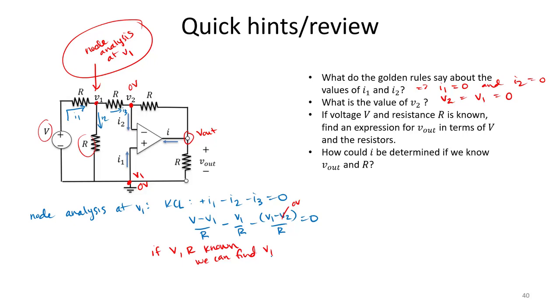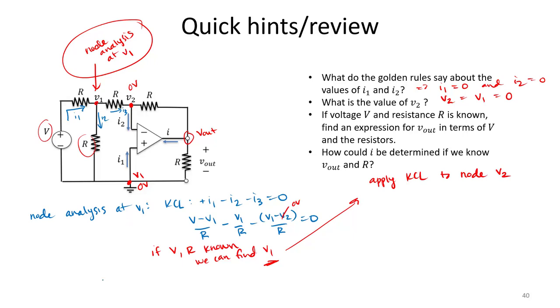Well, V1 doesn't tell us what V out is, now does it? But if we know that V1 has some value and V2 is 0 volts, we can then apply Kirchhoff's current law to the node V2.